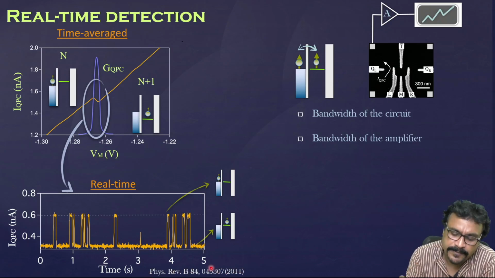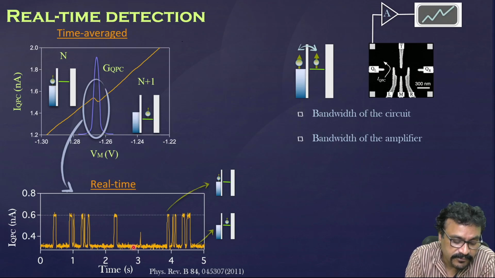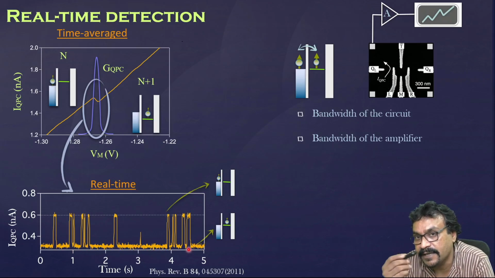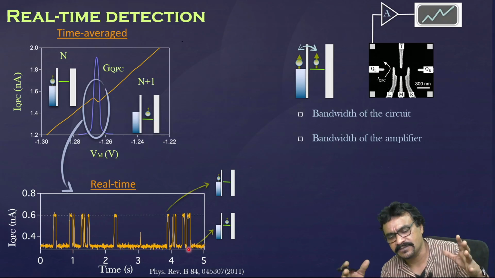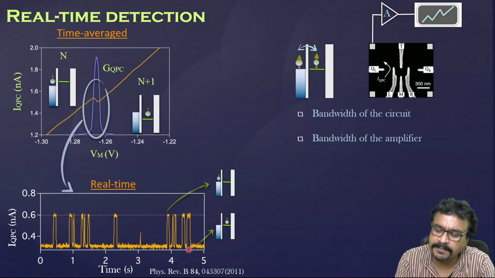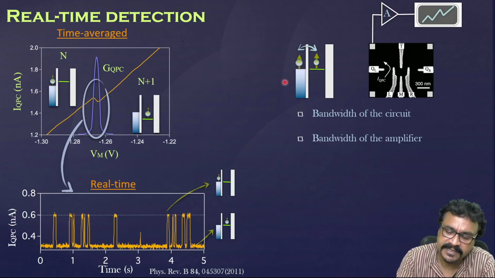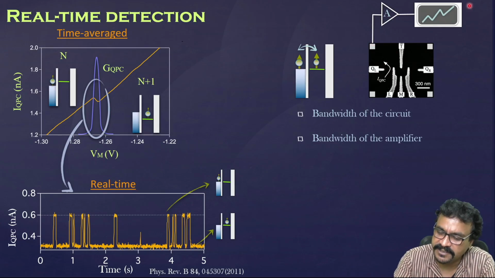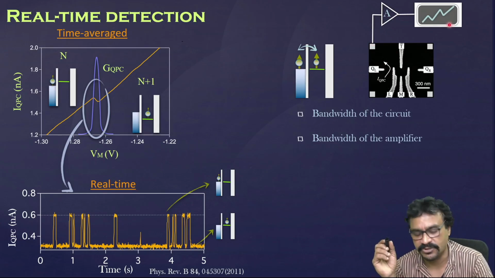Okay. So now the time scales of this measurement, or any measurement, are decided by the bandwidth of the circuit and the bandwidth of the amplifier. This is a simple DC measurement of the current, which is now taken in the time domain using an oscilloscope.